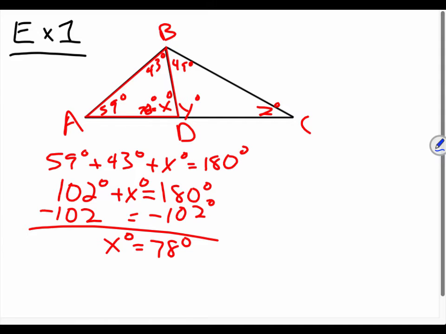How do I find the rest of these? Well, could you do X plus Y equals 180? Yeah, let's do that. What do we call this right here? Linear pair. So we could say that X plus Y equals 180 degrees because they're a linear pair.